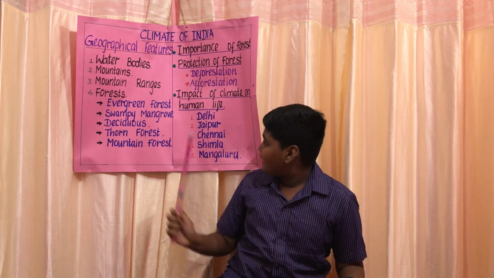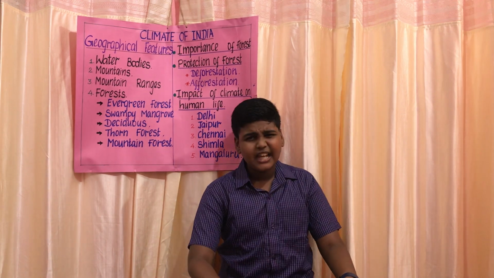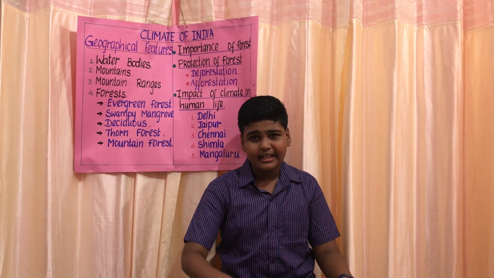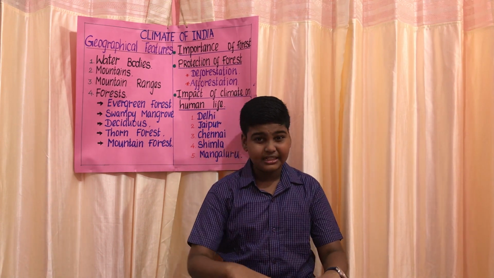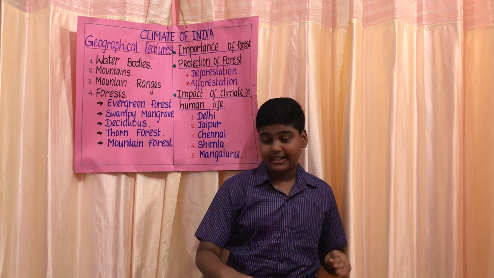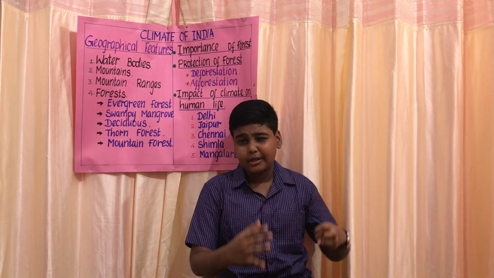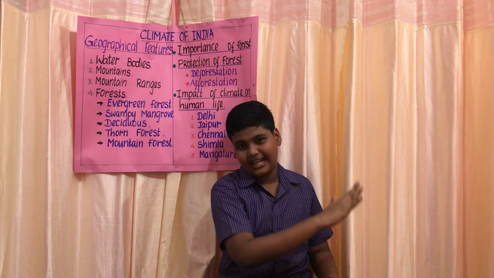Next we are going to talk about Jaipur. You know about Jaipur, right? It is in the eastern part of Rajasthan. It has a very dry climate. In summer it will be very hot and most houses have thick walls and are painted white to keep the heat away.